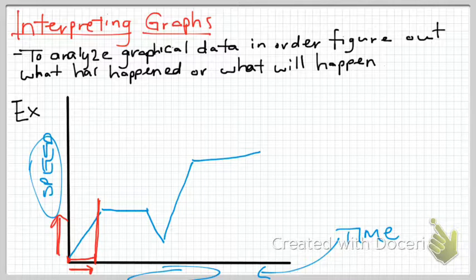So from this beginning time to this time, and the beginning time is 0 because it starts with 0 speed, for that little segment, the speed is increasing. So what's happening from here to here then? Well, the time is increasing, but the speed is not changing. It's staying the same.